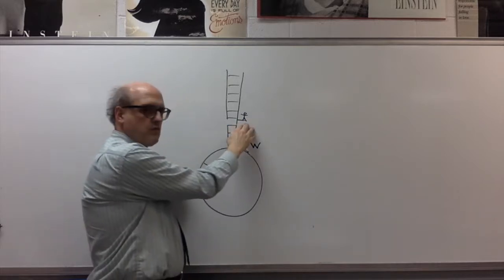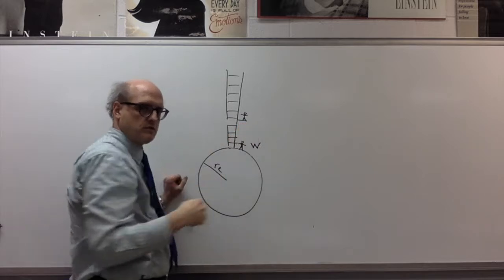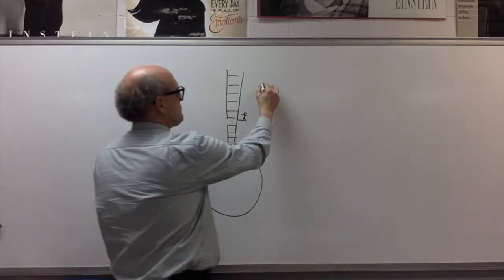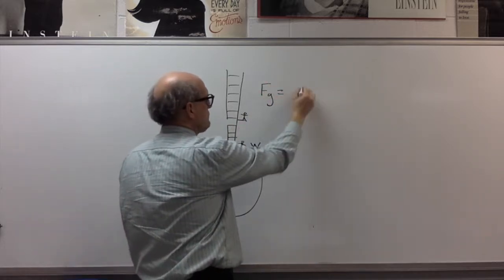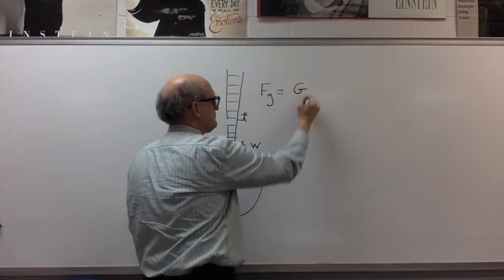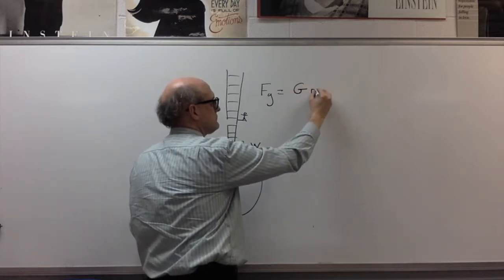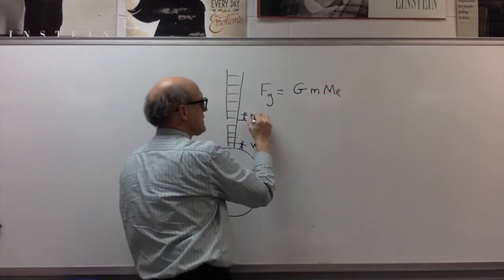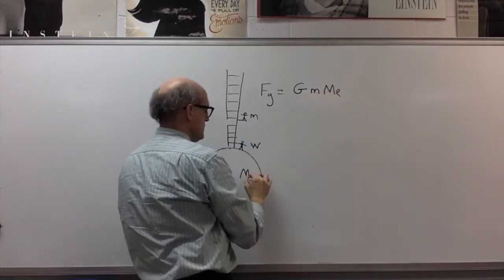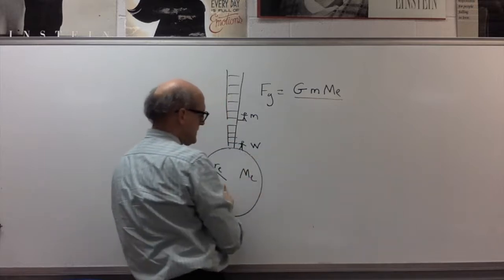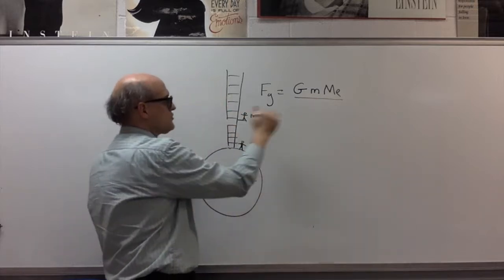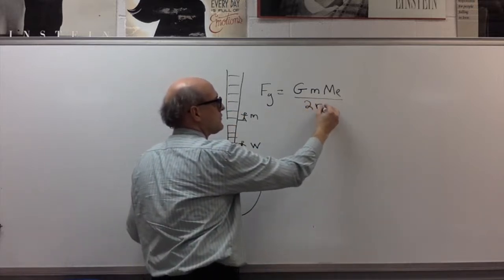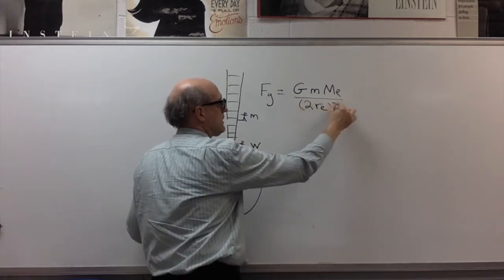the gravitational force he experiences here, which we call his weight, would be equal to G times his mass, this represents his mass, times ME, the mass of the Earth. Now we're going to divide that by 2 Earth radii, and we square that.